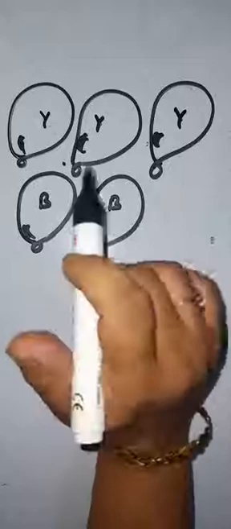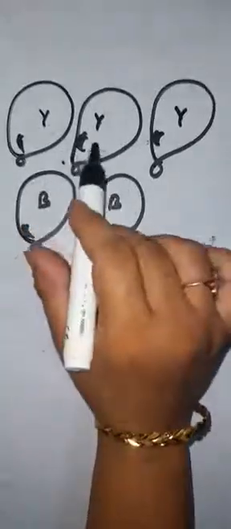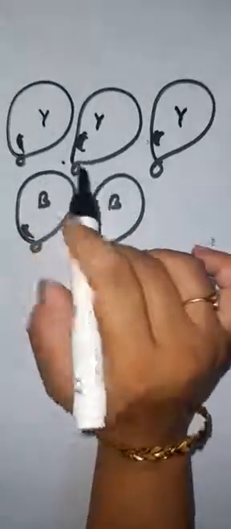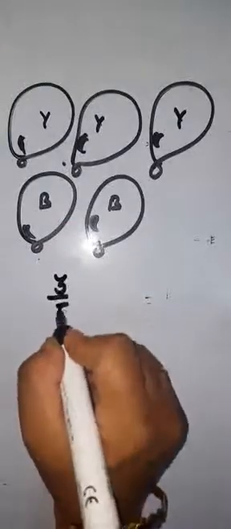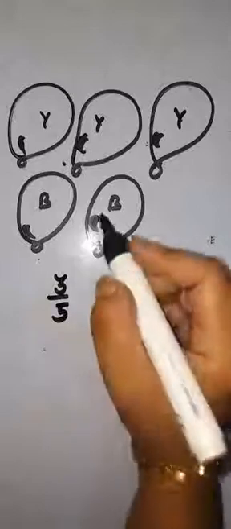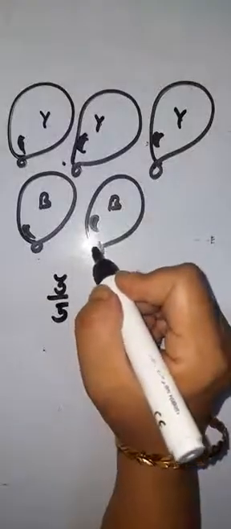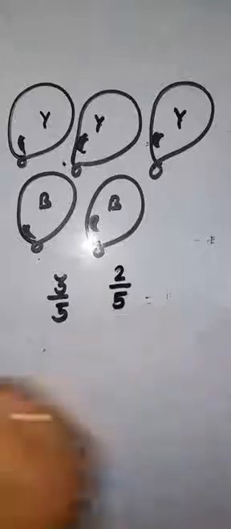Now 3 of them are yellow, and we can say that 3 out of 5, and 2 balloons are blue, so we can say that 2 out of 5.